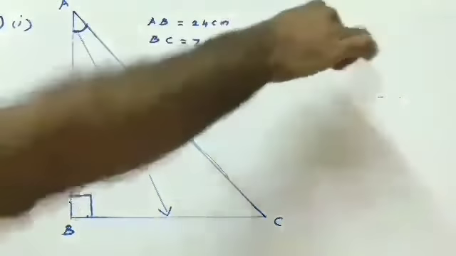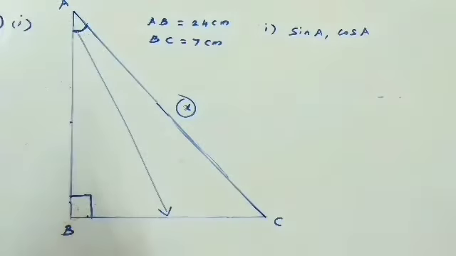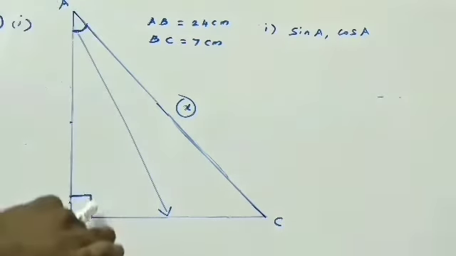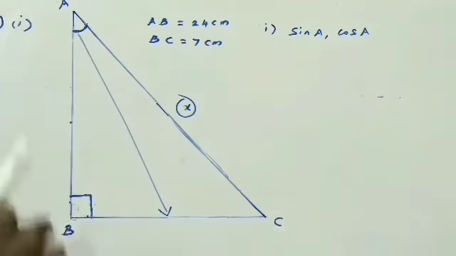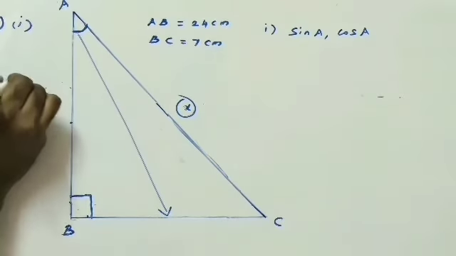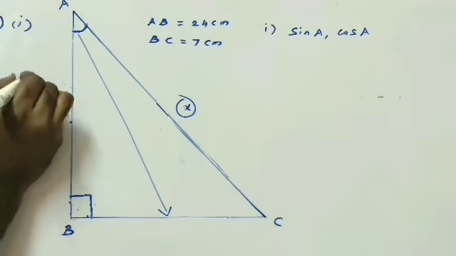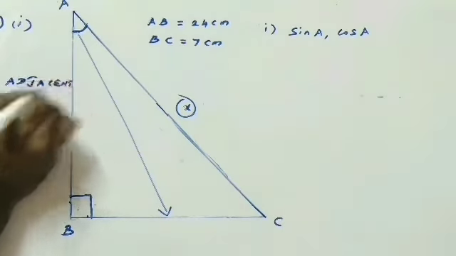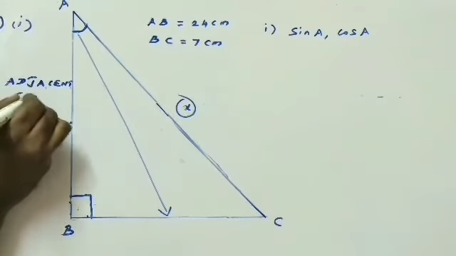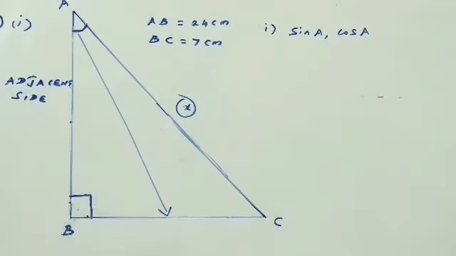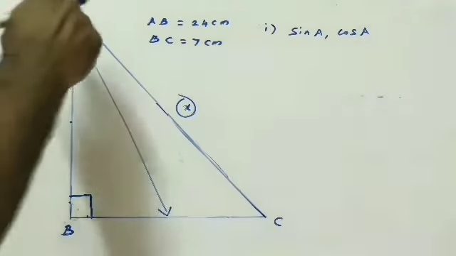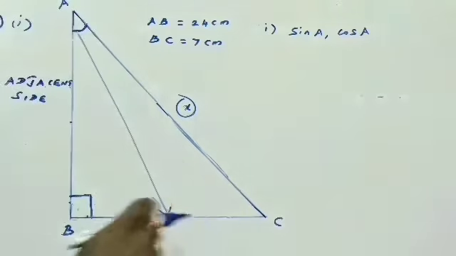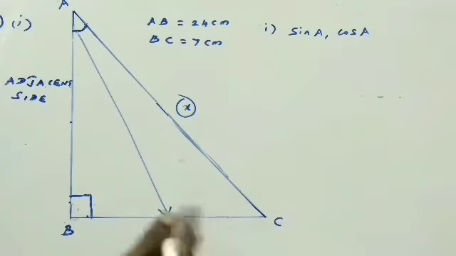They are asking sin A and cos A. Put A here. The distance between the angle and the right angle is called the adjacent side. So note this is the adjacent side. And you can draw a line through the angle, it meets the vertical portion.